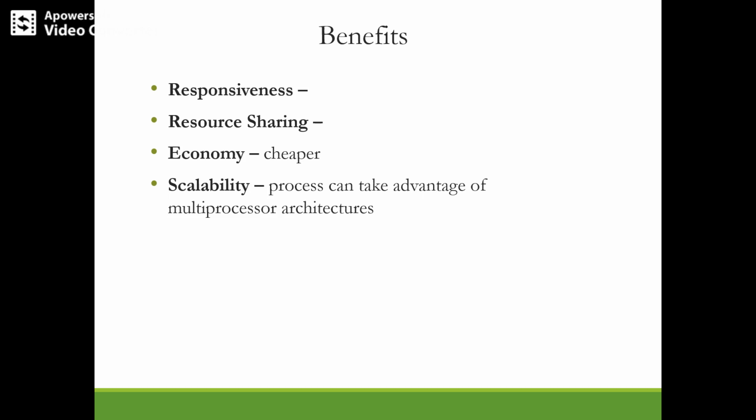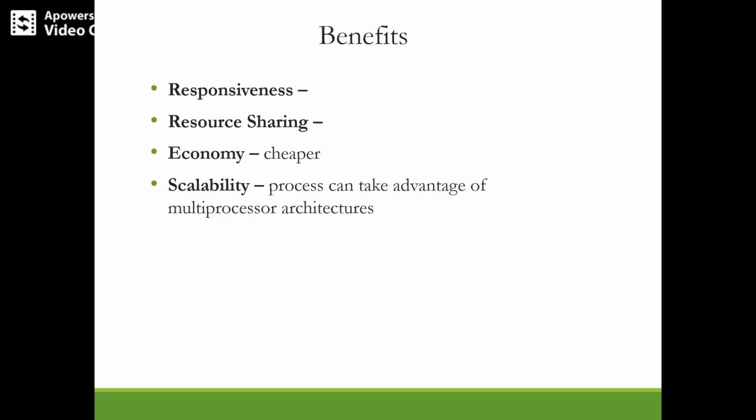The next benefit of multi-threaded programming is resource sharing. Threads share the memory and resources of the process to which they belong. A process requires resources that are memory intensive and very costly, whereas threads just use the resources that the process uses.